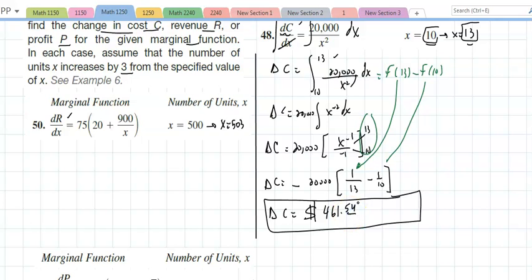And that's pretty much how it works. So it's the same as figuring out the cost function, you integrate, and then figuring out the cost of 13 minus the cost of 10. Pretty much that does it one shot.